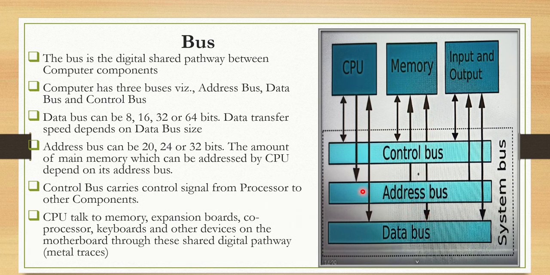The address bus goes to the location of the memory and fetches data, which comes on the data bus and is taken back by the CPU for further processing. So the address bus is a unidirectional bus, whereas the data bus is bidirectional. The control bus is also bidirectional: it goes from the control bus to the CPU and from the CPU to the control bus. Only the address bus is unidirectional, and both the data bus and control bus are bidirectional.